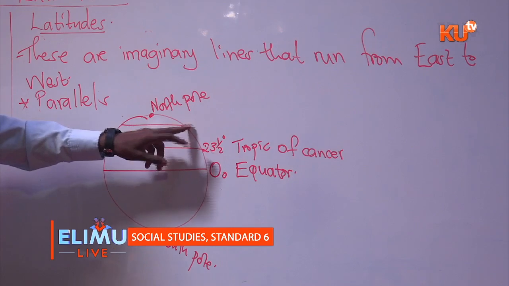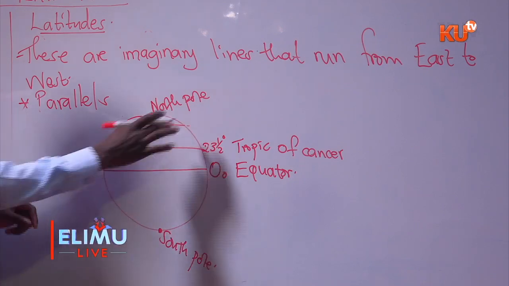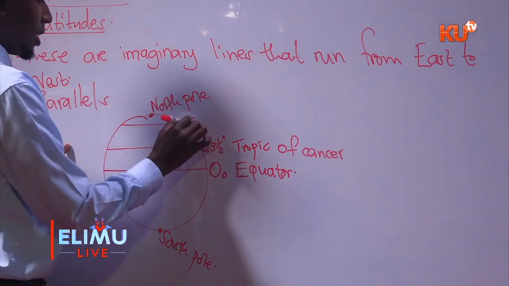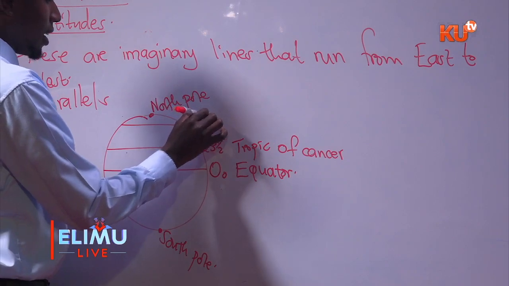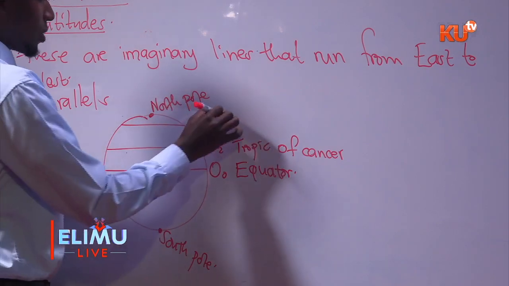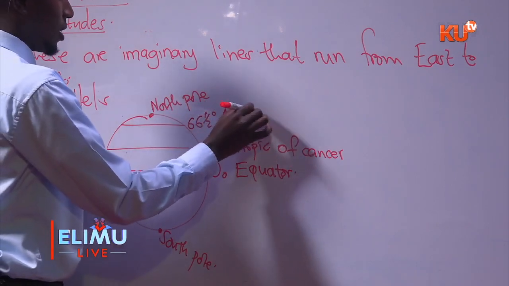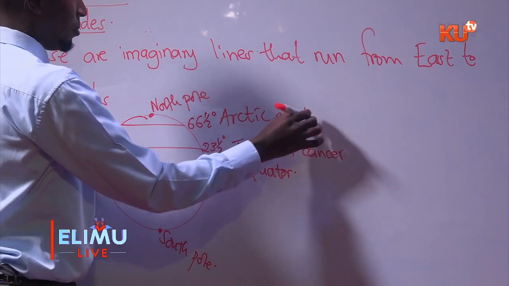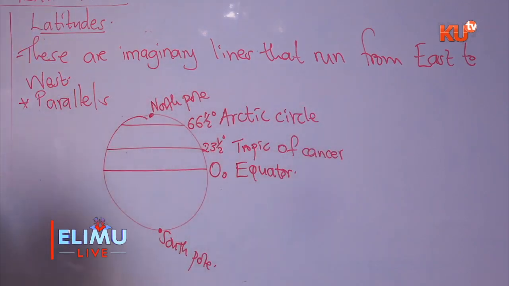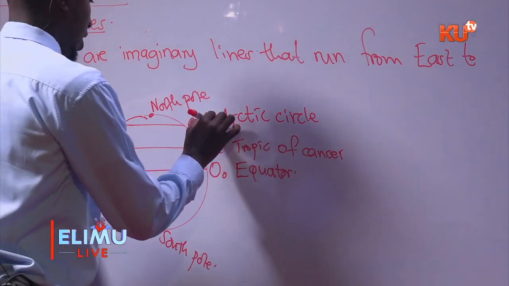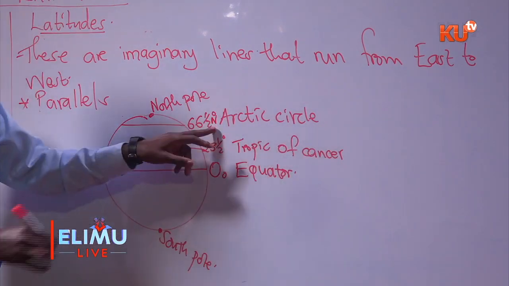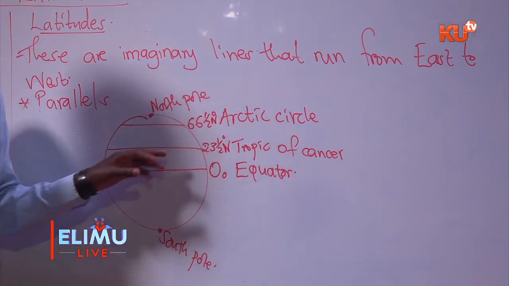Then we have this other line. It's also a main line of latitude. It's at 66 and a half degrees, and it is called the Arctic Circle. Oh, sorry, I've forgotten to include a very important piece of information, which is north. All these are to the north.